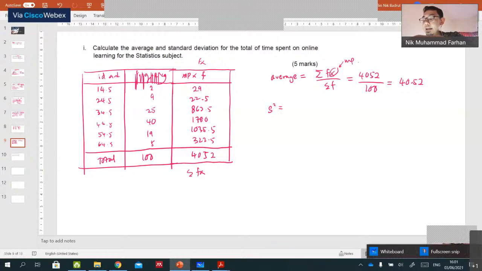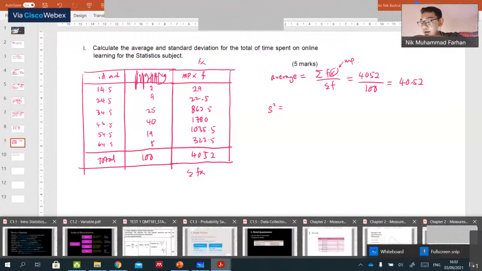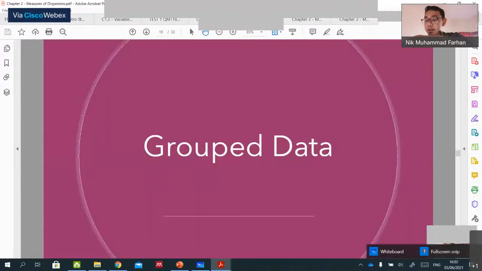Okay, variance adalah, tengok formula variance. Okay, ada dekat dalam list of formula lah nanti. Formula for variance-nya adalah, nak tunjuk formula pula. Mana formula dia ni?